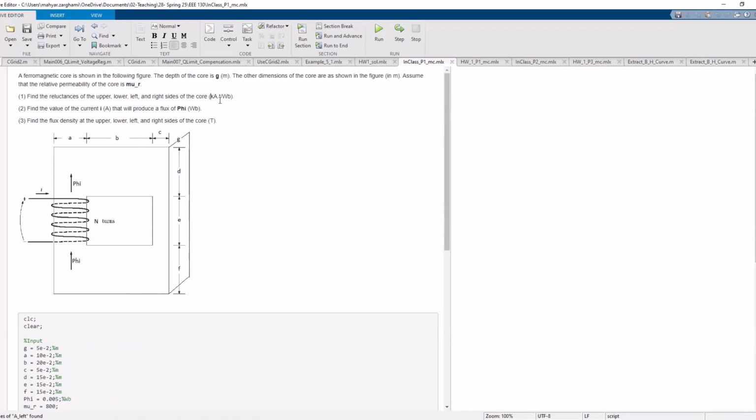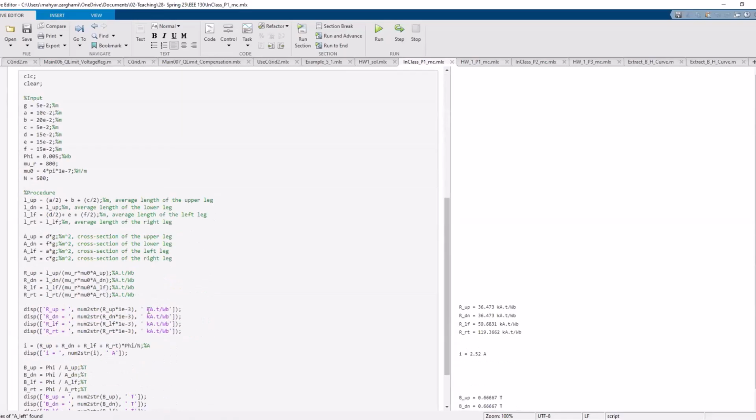So the reluctances need to be shown in kiloamp-turns per Weber. So they are calculated in SI, but we need to display them in kilo. So therefore, for displaying purposes, this is the command that you can use in MATLAB. This puts everything in series, converts whatever you got in here, multiplies that by 1e minus 3, or divides that by 1,000 to make it in kiloamp-turns per Weber.